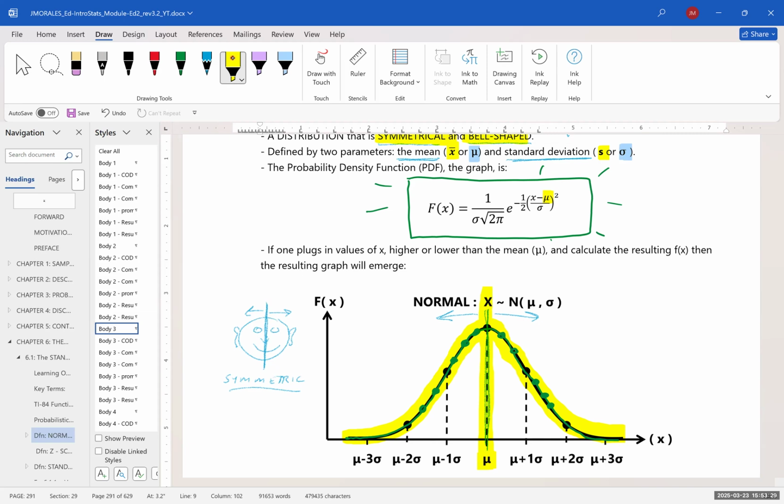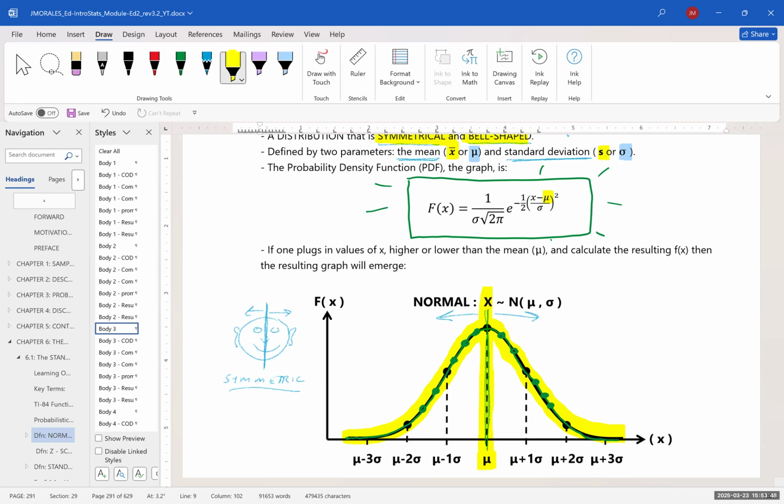And in the previous chapters, we would calculate the standard deviation and the mean. And I showed in previous examples how we can calculate how many standard deviations away a certain value is from the mean.